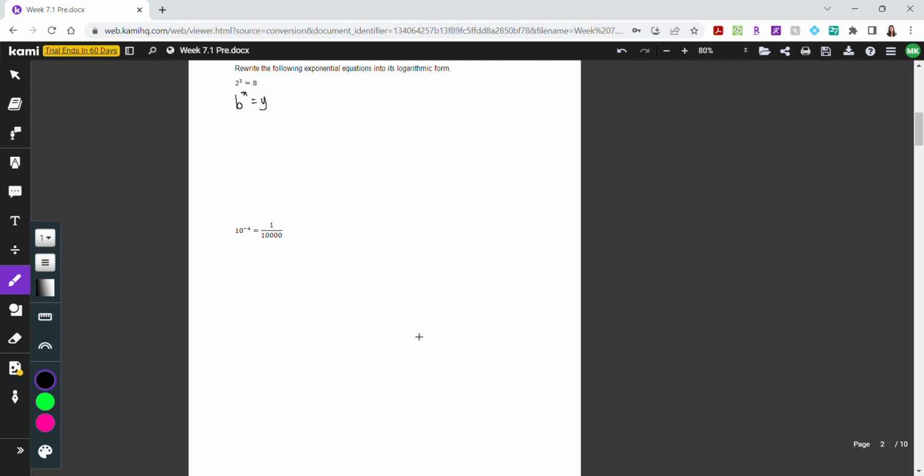And we know that when we're writing our logarithmic form, we want it as log base b of y equals x. So I know my y is 8, my b is 2, and my x is 3. If I were to rewrite it into logarithmic form, I would get log base 2 of 8 equals 3.